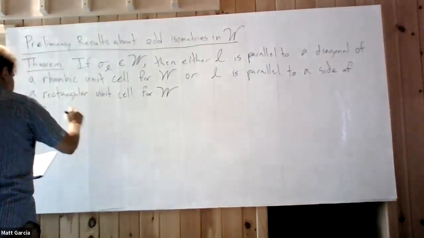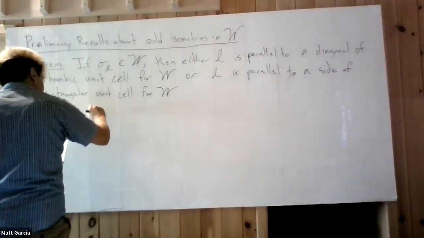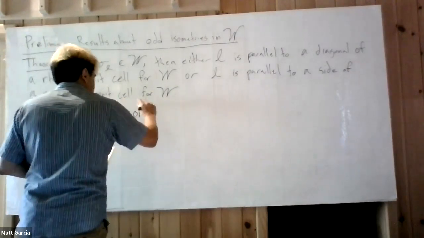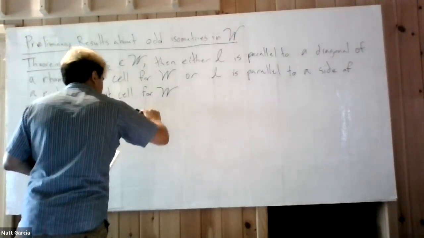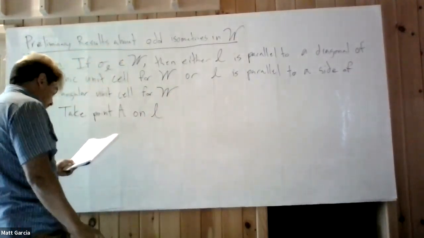So firstly, let's take a point A on our line L that we have a reflection in.